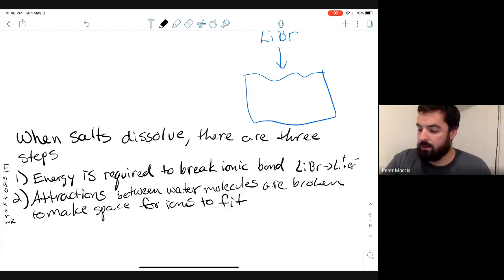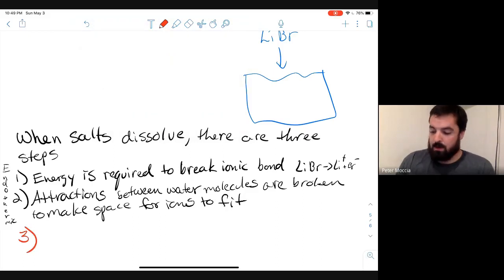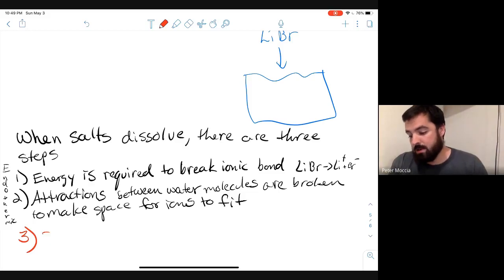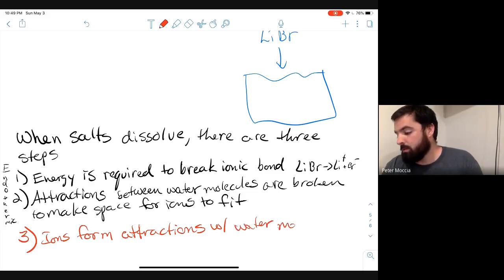Okay, and then the third step is exothermic. That's where the ions form attractions with water molecules.